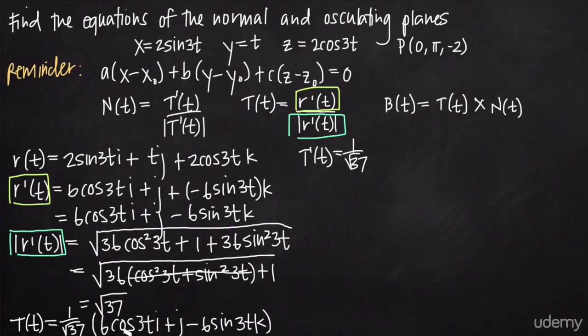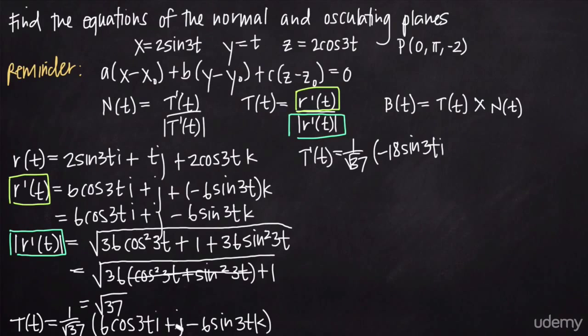And then again here on the inside, we're just going to take the derivative of each of our coefficients, leaving i, j, and k as they are. So the derivative of 6 cosine of 3t, remember that the derivative of cosine is negative sine, and we have to use chain rule to multiply by the derivative of the inside function. So we're going to get negative 18 sine of 3t times i.